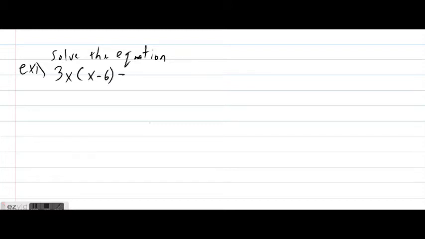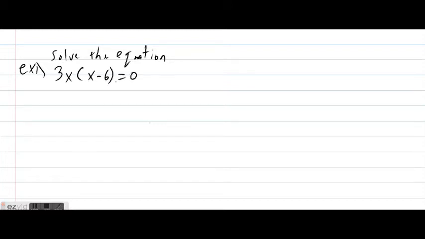So example 1, we want to solve the equation. I'm given 3x times x minus 6 equals 0.